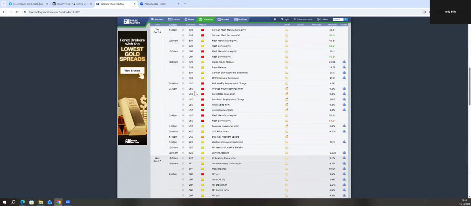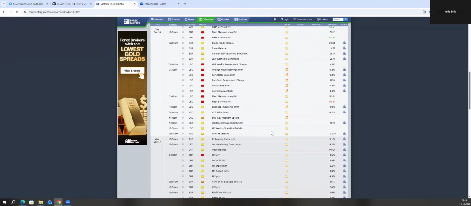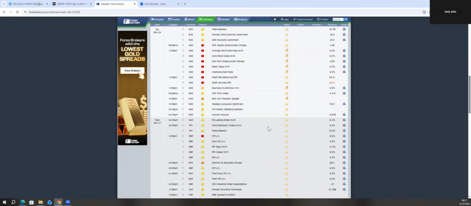And then coming to the real one, we have NFP, core retail sales, unemployment rate for USD at the same time, 3:30 p.m. GMT+1. And then in the next maybe 45 minutes or so, or 1 hour 15 minutes, sorry, we're going to have manufacturing PMI and services PMI for US dollar. So how many fundamentals on one Tuesday? Prepare yourself, Tuesday is going to be super crazy.